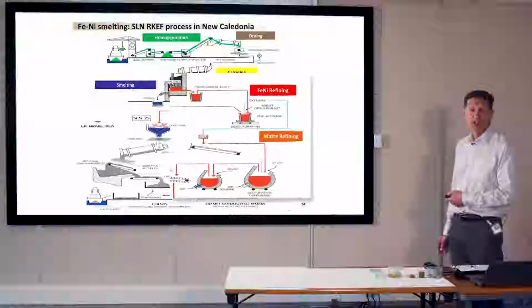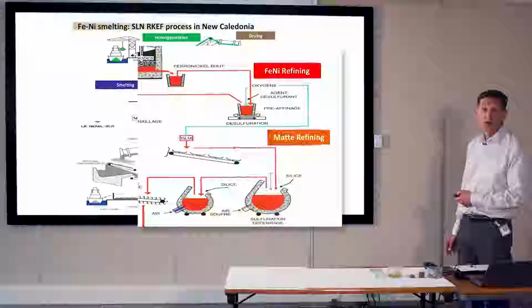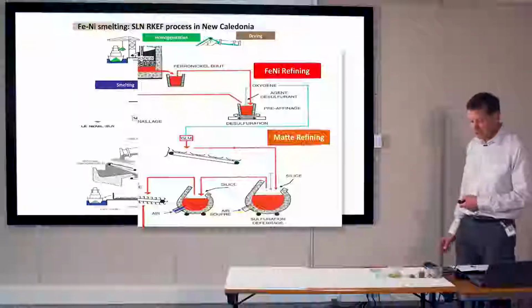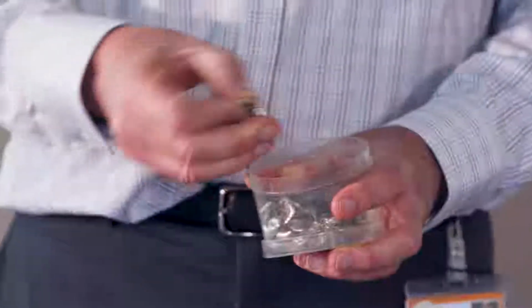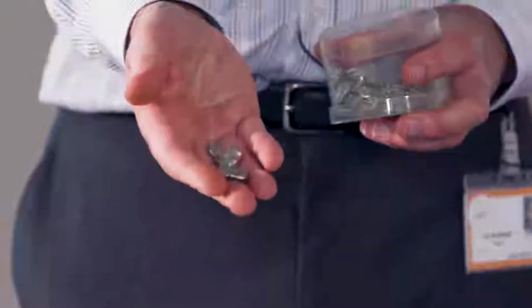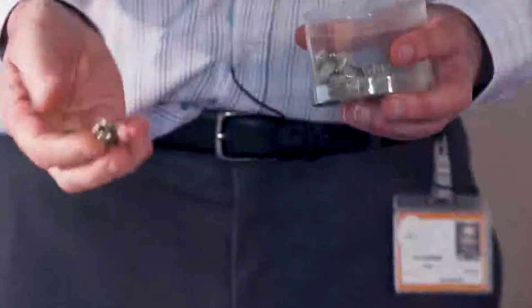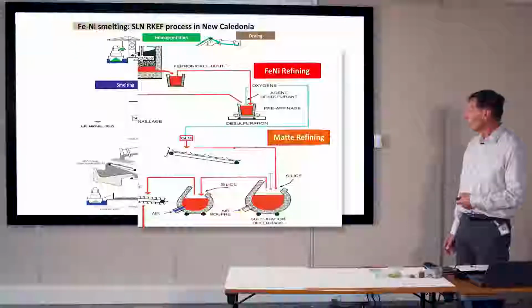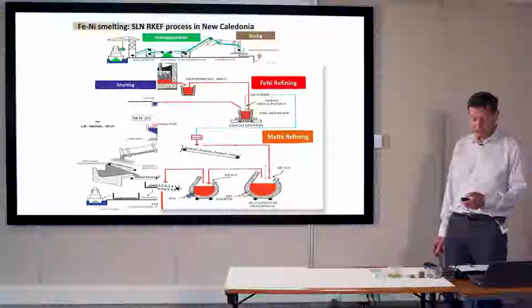On this ferronickel alloy, there is some refining and granulation, and you produce small nickel parts by granulation. You see that it's granulation in water, and you create this small shot of nickel. Another part of the ferronickel alloy could be treated with sulfur to produce a nickel sulfide matte.